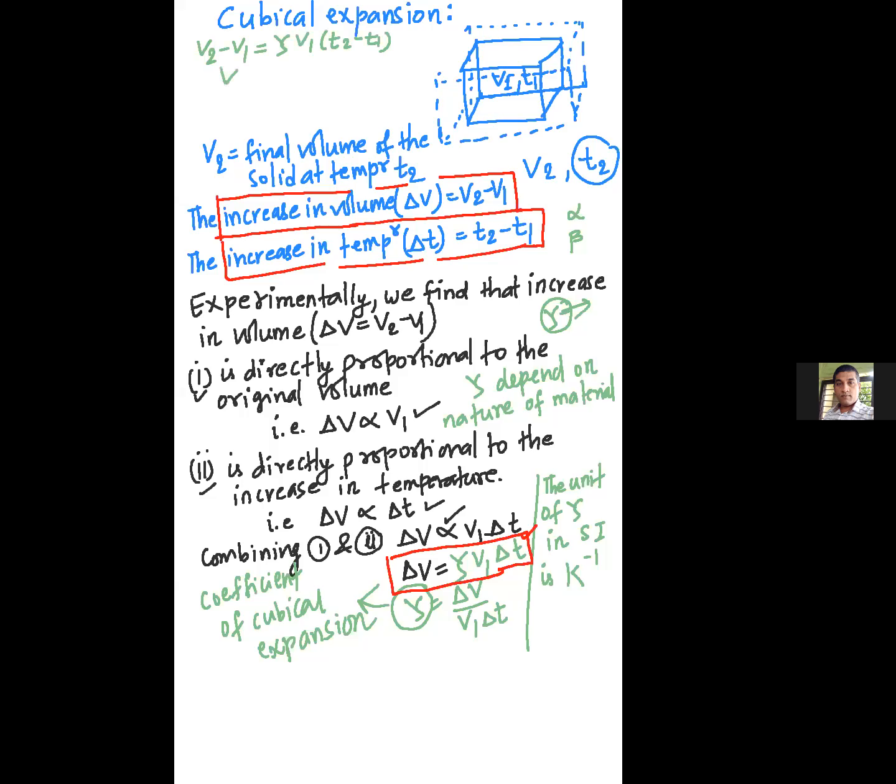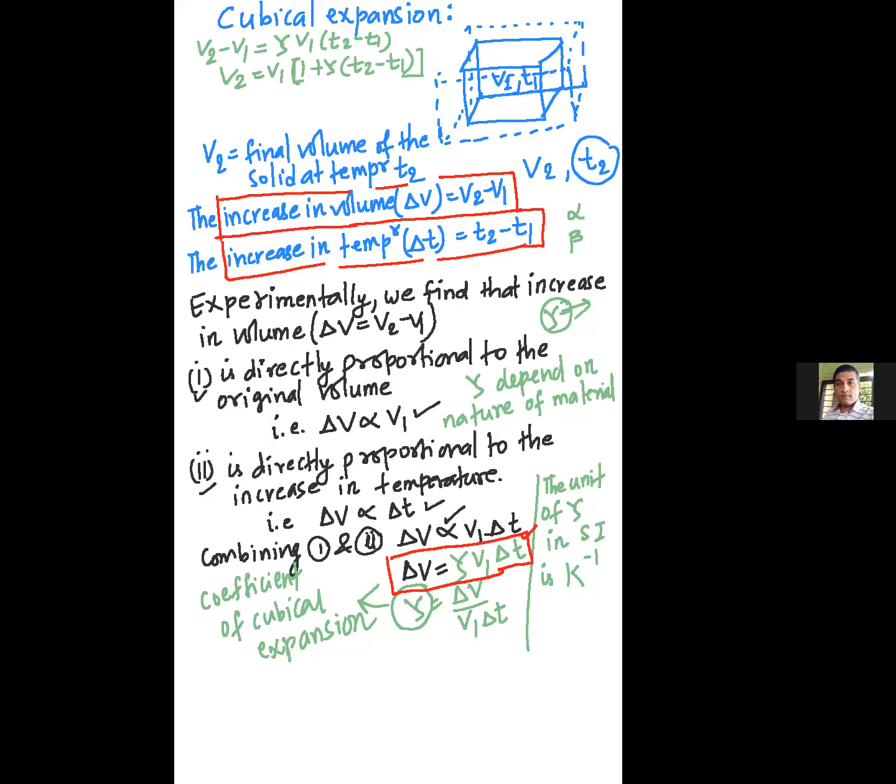Now let us write it this way: V2 equals, taking V1 on the left-hand side, a very simple mathematical expression. On taking V1 as common, we can simply write V2 equals V1 times 1 plus gamma times T2 minus T1.